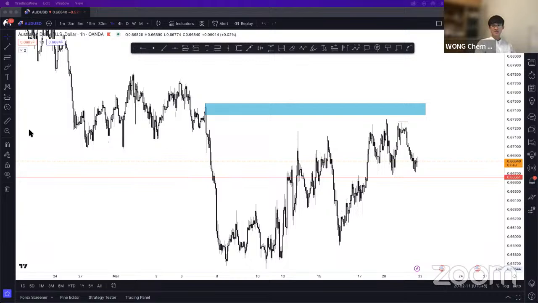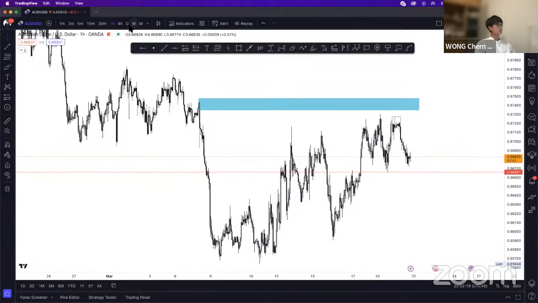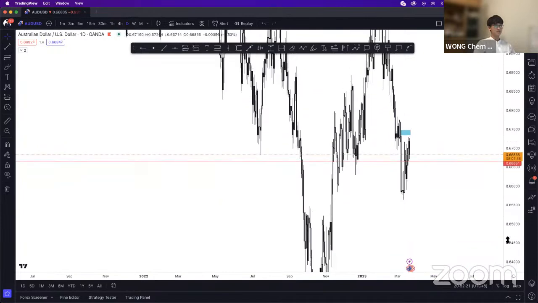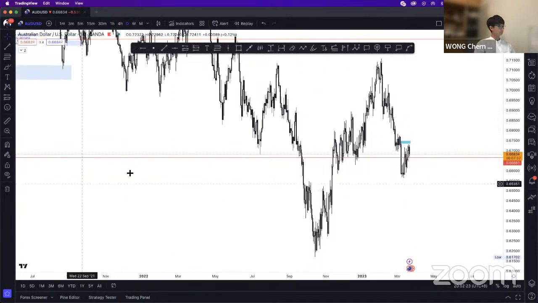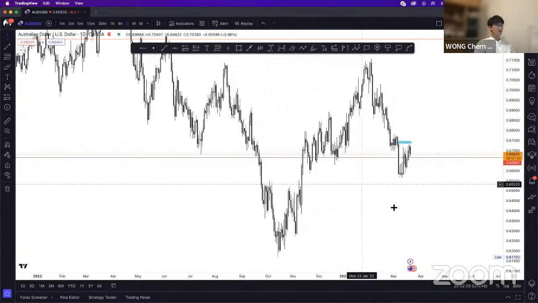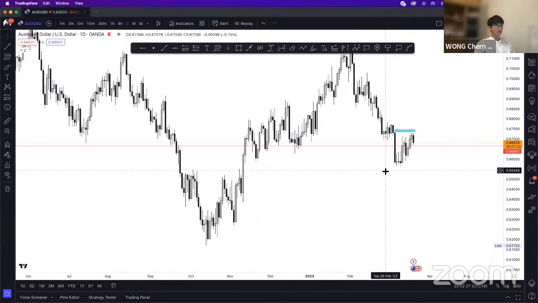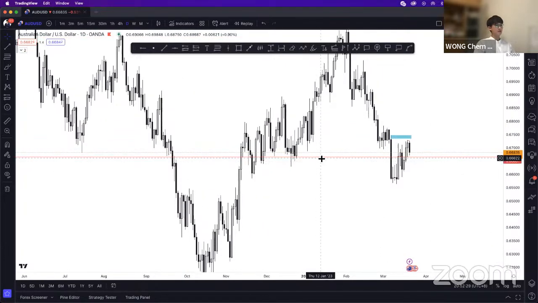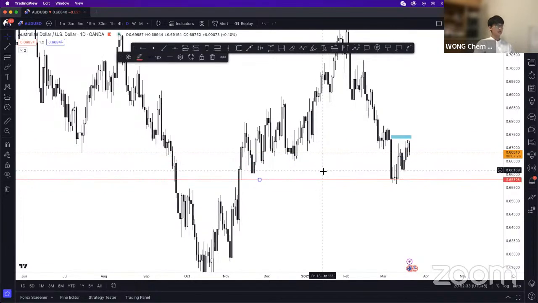If you're looking at the charts right now, we're looking at AUD/USD. Let's talk about the daily time frame first. Price came down to clear this low over here.